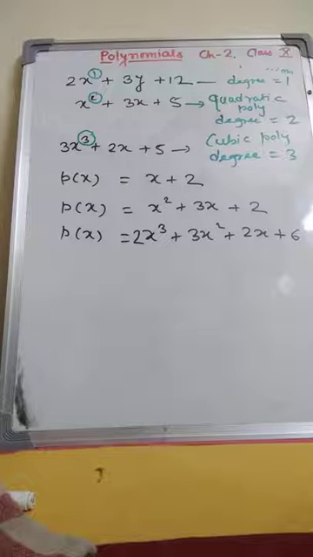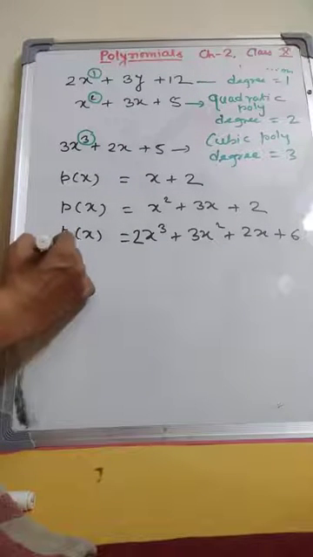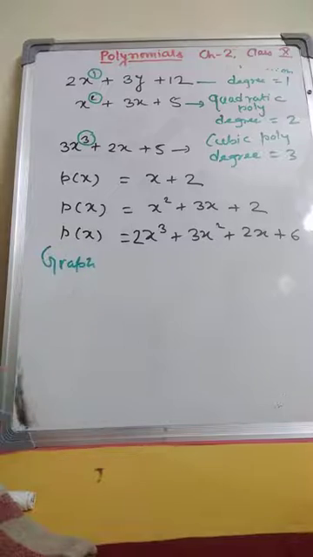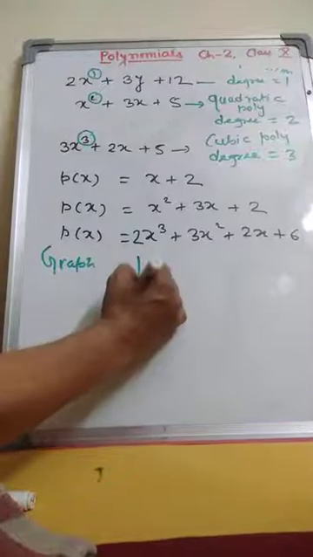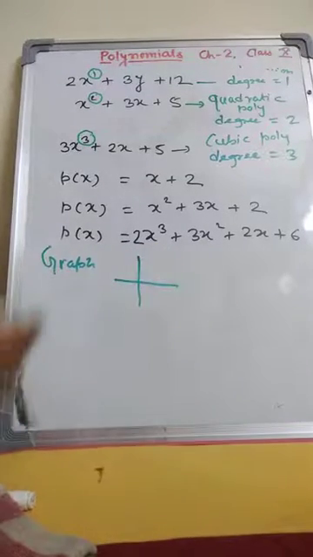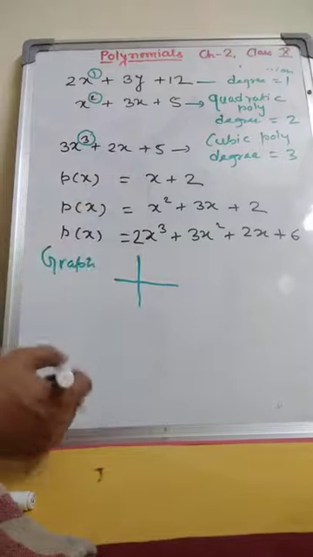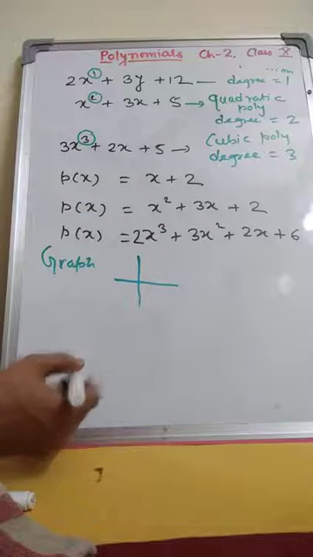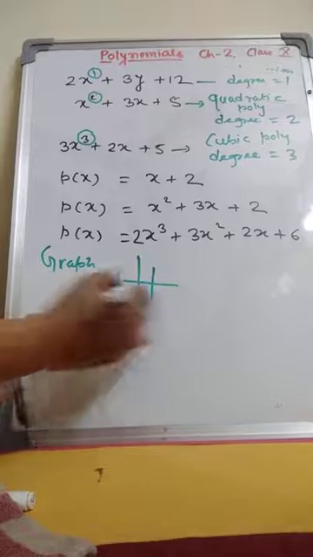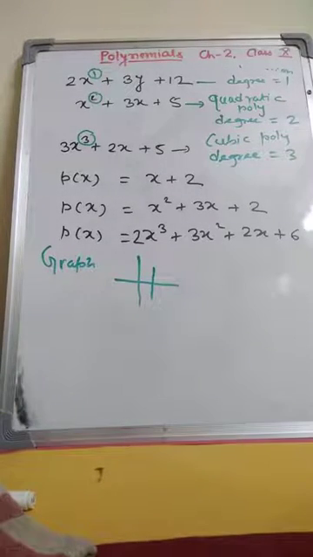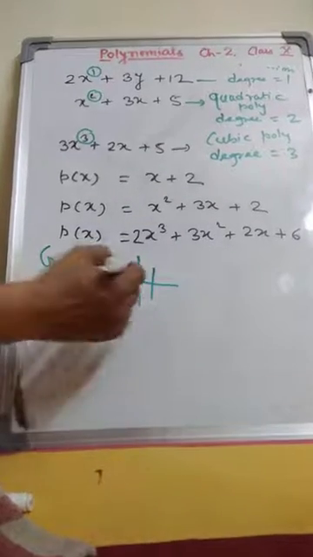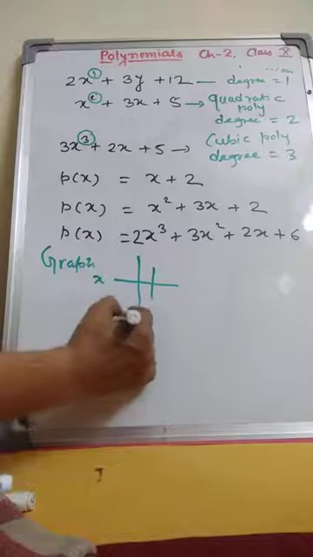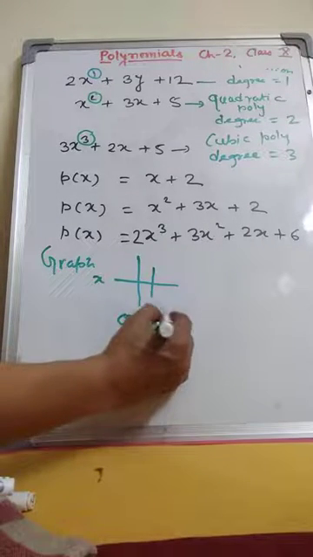And when we draw the graph, when x is equal to 2, here will be x is equal to 2. Since it is intersecting the x-axis at one point, therefore it is having one solution.